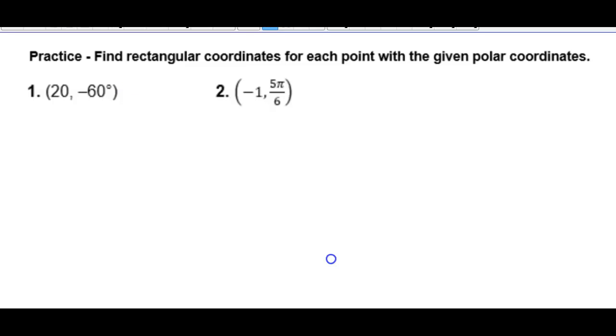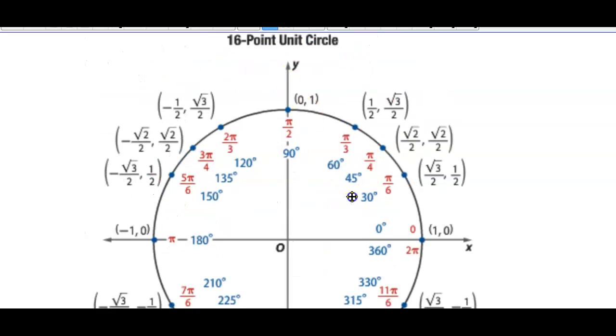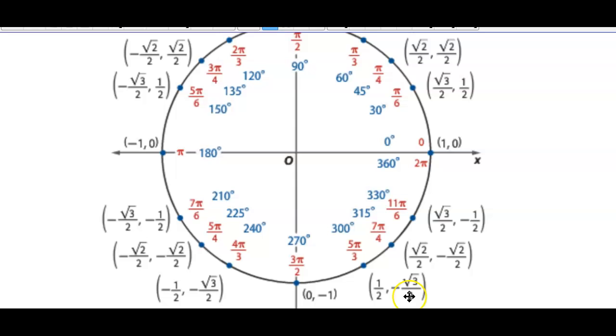Let's try it again. This one is in degrees, but it's still one we can use on our unit circle. If we go to negative 60 on the unit circle, we're at 300 down here. And the ordered pair is 1/2 and negative square root of 3 over 2.